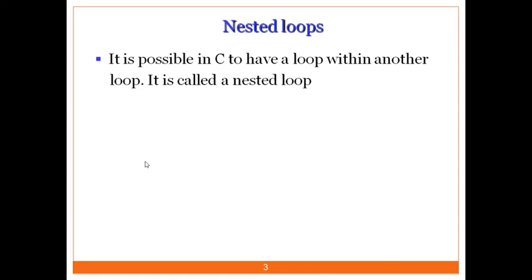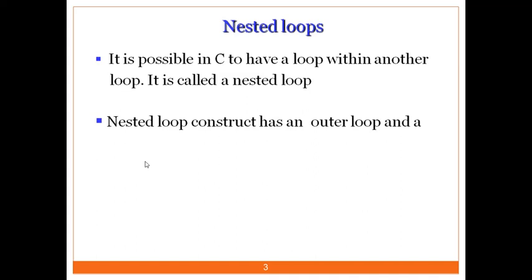That means inside the loop, we can write one more loop. That provision is available in the C language. This scenario is called nested loops. In a nested loop construct, the first loop is called the outer loop and the subsequent loop is called the inner loop.